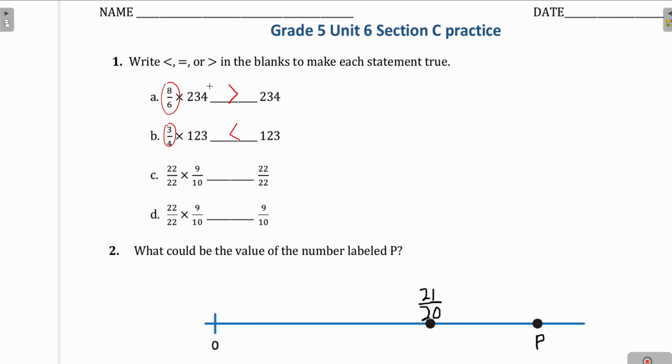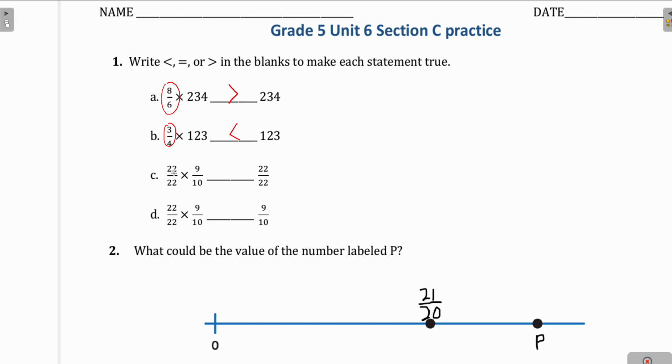All right, so we have 22 out of 22 times 9/10. What is that when you compare it to 22 out of 22? So this one is meant to trick you. What do I know about 22 out of 22? It is 1 whole, right?